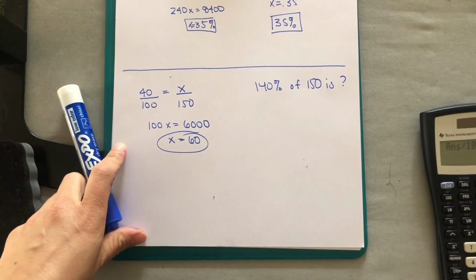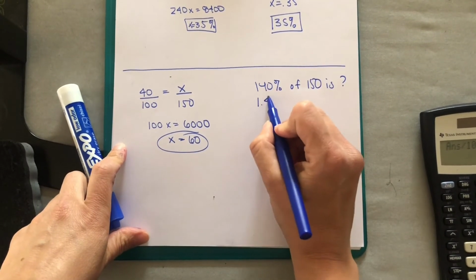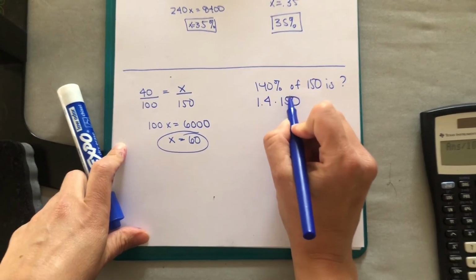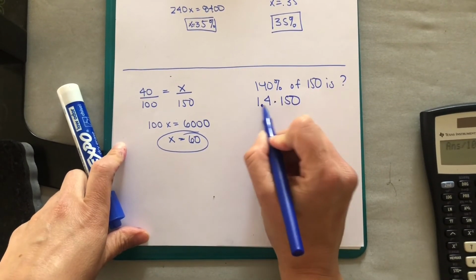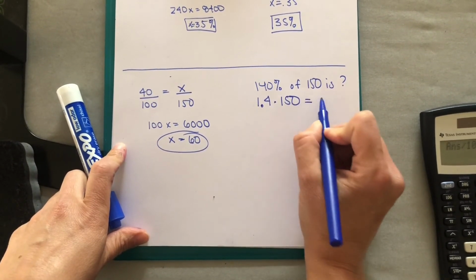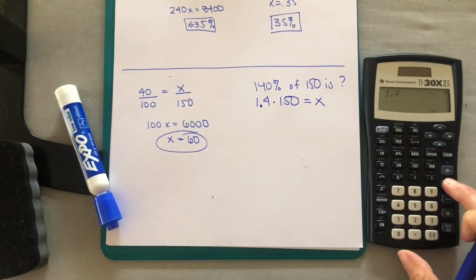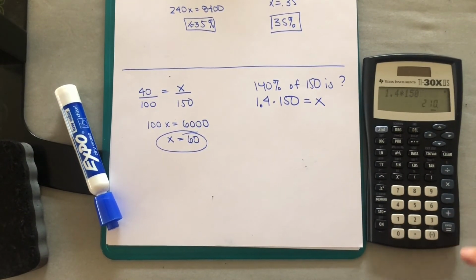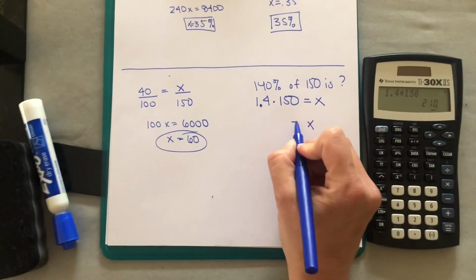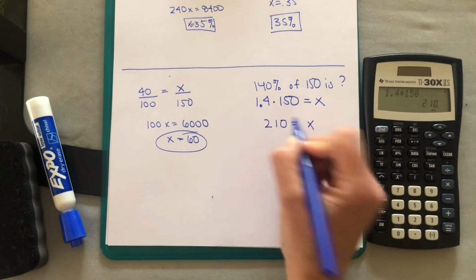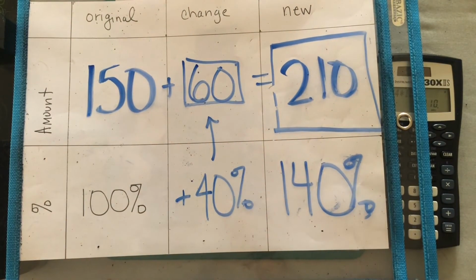So if I set up an equation, 140% or 1.4 times 150 is something. And I get 210, which was my 140%.